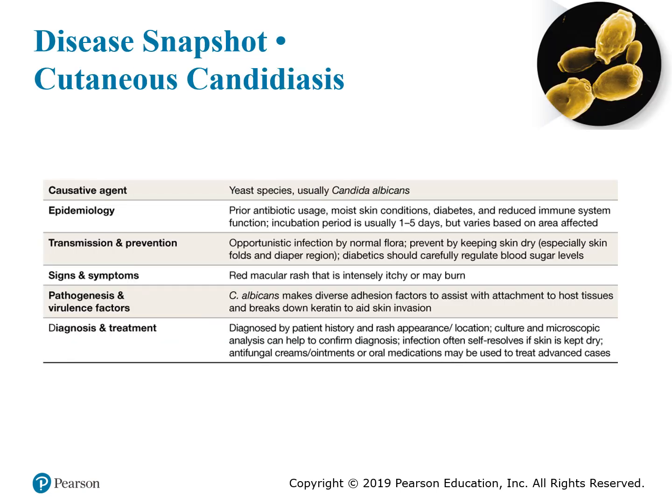First, we have Candidiasis, which is a Candida albicans infection. So this is one of the more common yeasts that we see, and it usually comes about due to prior antibiotic use or moist conditions of the skin. You see this very often in diabetic and immunocompromised patients.